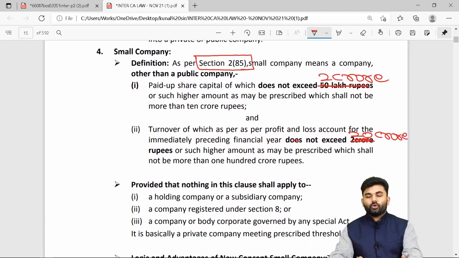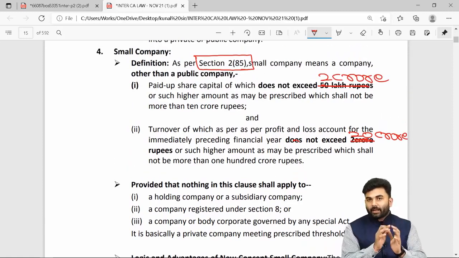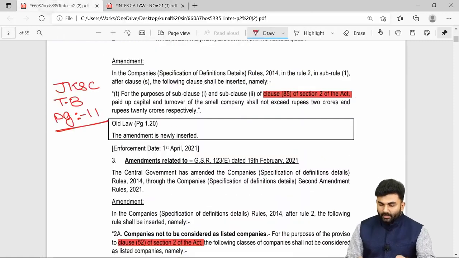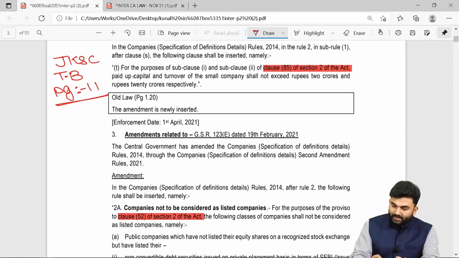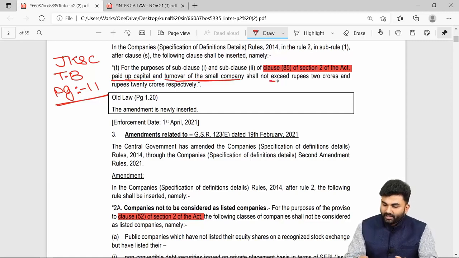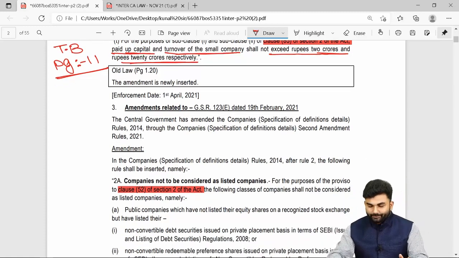So there is an amendment towards the limit part. The paid up capital should not now exceed 2 crores and the turnover should not now exceed 20 crores. This is the amendment towards the paid up capital and turnover of the small company, which shall not exceed 2 crore rupees and 20 crore rupees respectively.